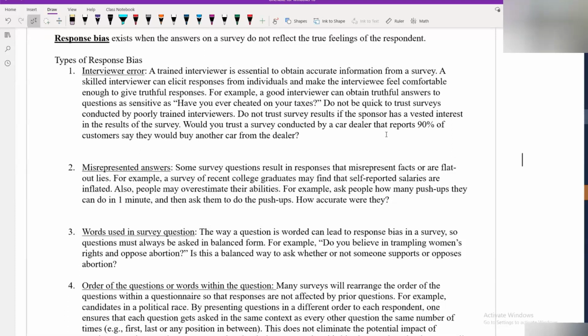Are you going to trust that one and go buy your car from that dealer? When you go to the dealer and they survey customers, asking are you going to buy another car from us, you'll say yes, absolutely, I'll buy another one. But what is your action later? That is important. So we cannot trust this one.